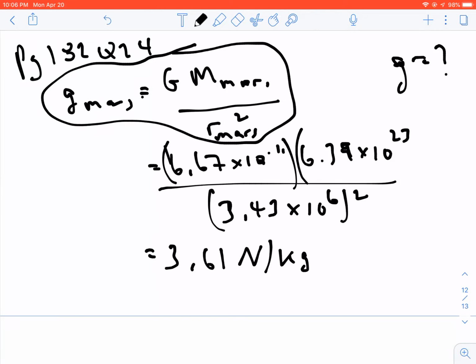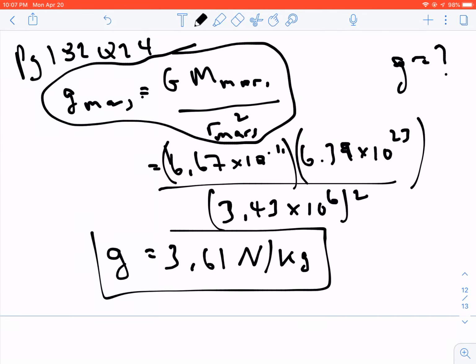Now, there's the mass there, divided by the radius of Mars, which is 3.43 times 10 to the 6 meters. I'm going to square it, and I come up with a g value on Mars, which is 3.61 newtons per kilogram, which is 10 times smaller than the answer in the book because they told you that this number here was actually 24 instead of being 23.